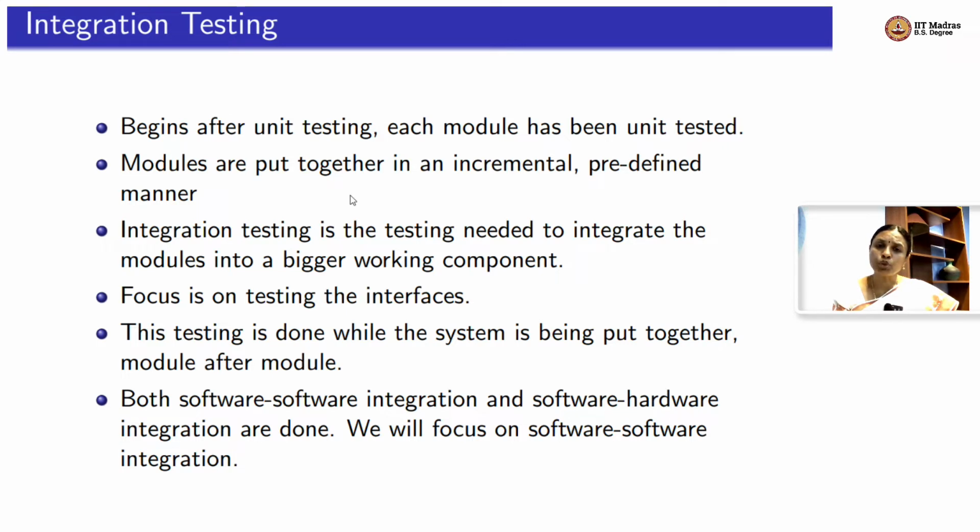And the modules are put together in a fixed way and tested for their interfaces. Does one module calling another module work fine, the interface between them? And here the focus is not on unit testing the module, but only on testing the interfaces. Typically, people also test for software put on a particular hardware, but for now, the focus of this course is to put together 2 software modules and test them.